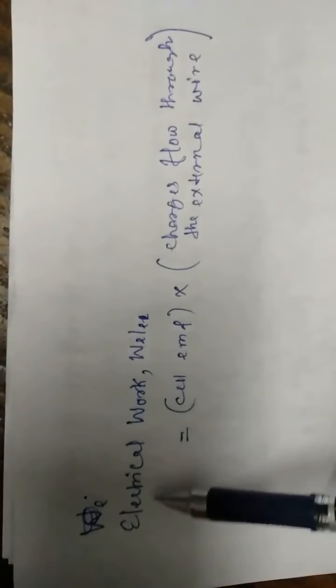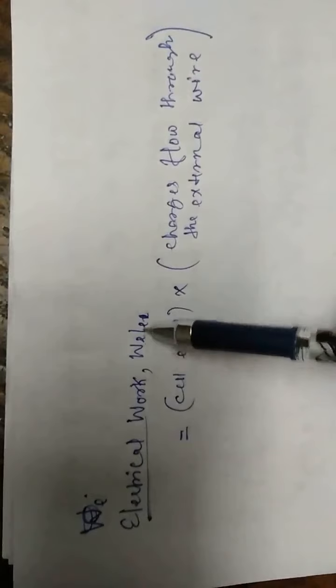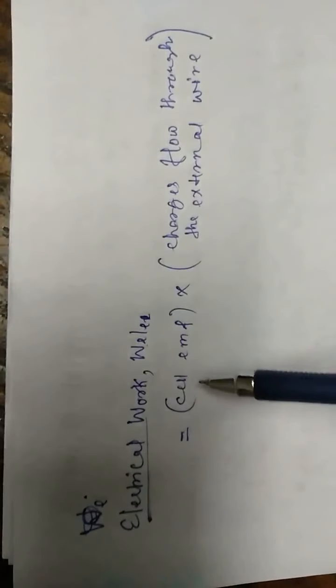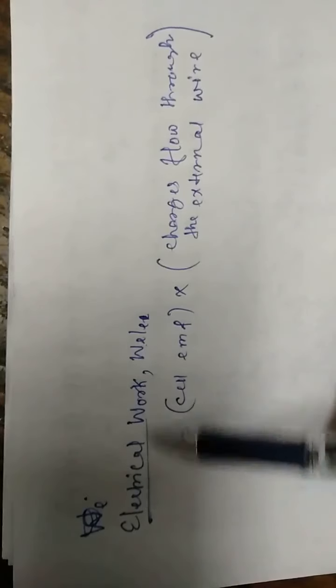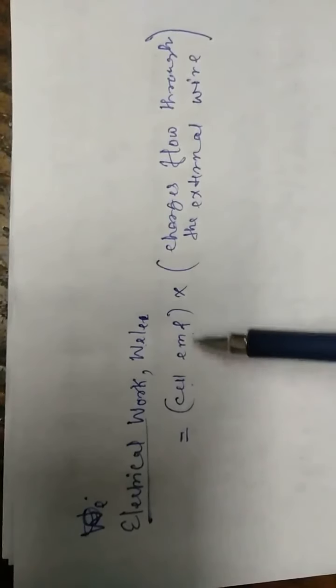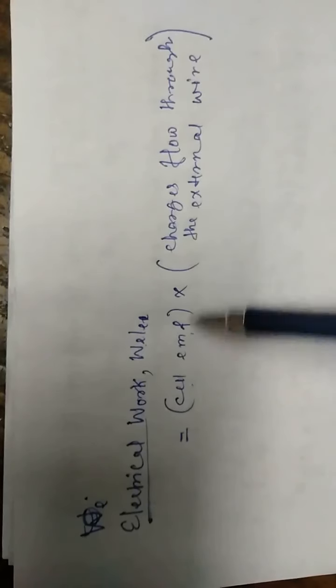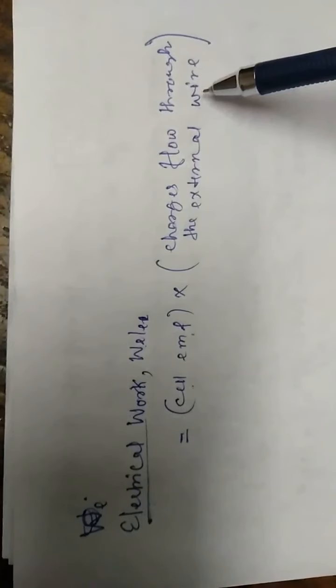So how can you find out the electrical work for an electrochemical cell? Electrical work for an electrochemical cell equal to product of cell EMF or cell potential of the cell and charges flow through the external wire.